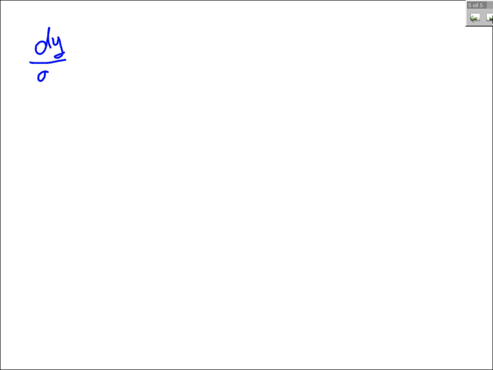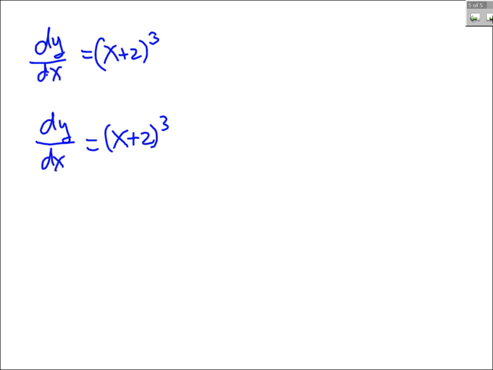You have that dy dx is x plus 2 cubed. The first goal is to get the dx's and the dy's on different sides and in the numerator. Of course, I'm going to erase this one real quickly. There's always a 1 on top.